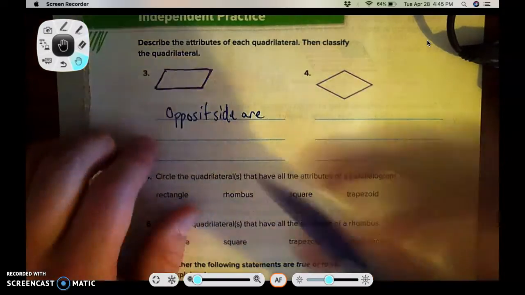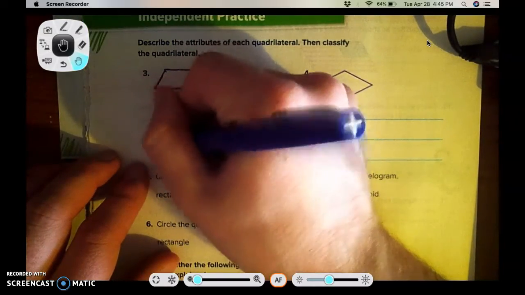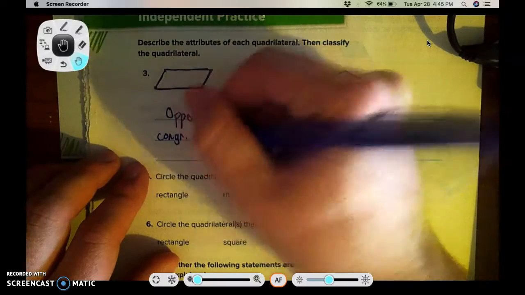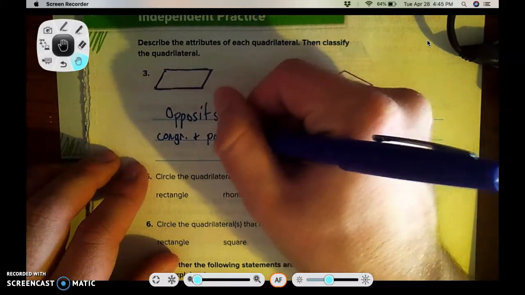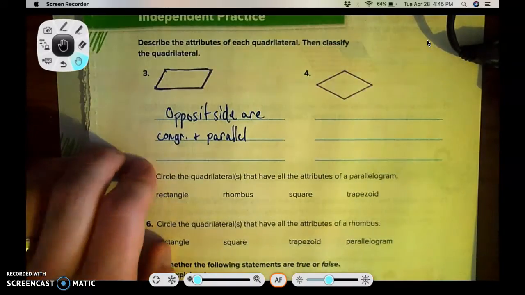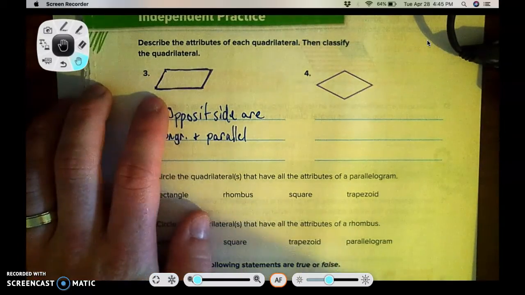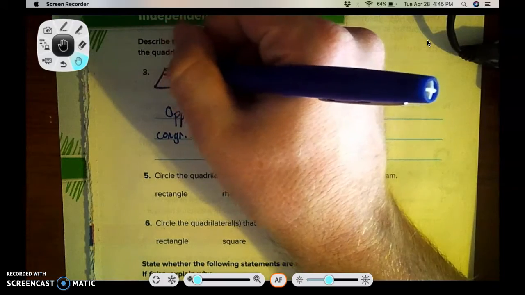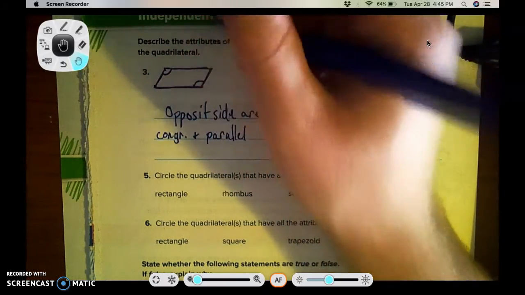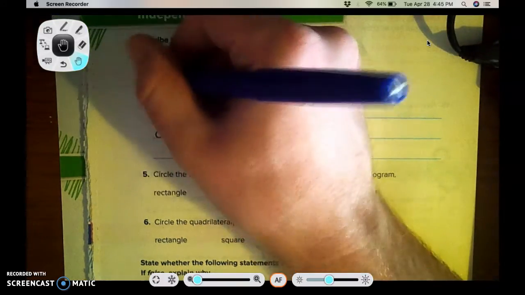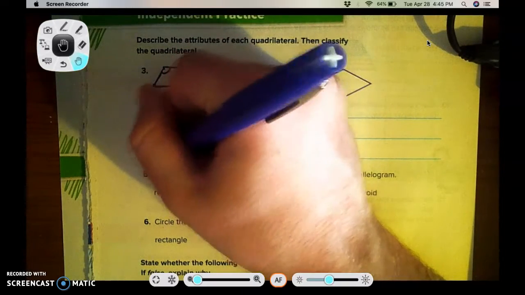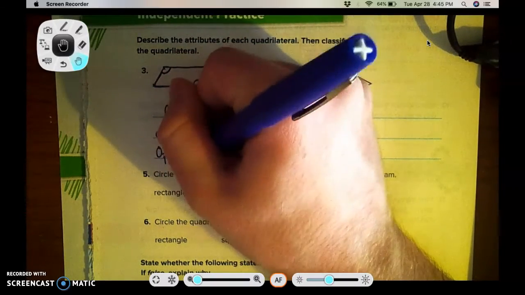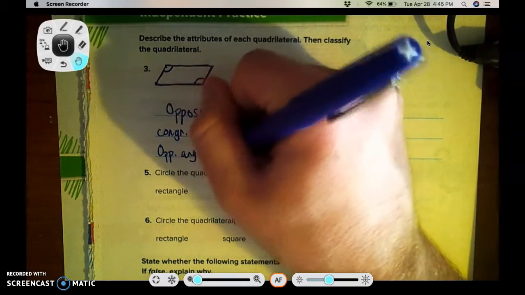So opposite sides are congruent and parallel. Now, we have angles that are not right angles, but the opposite angles match. So opposite angles are congruent.